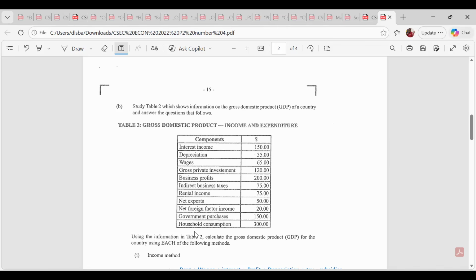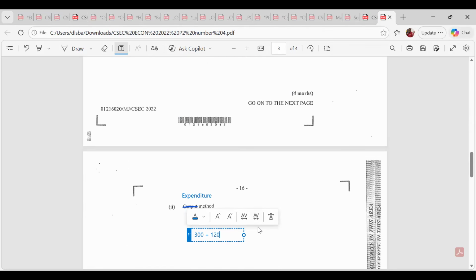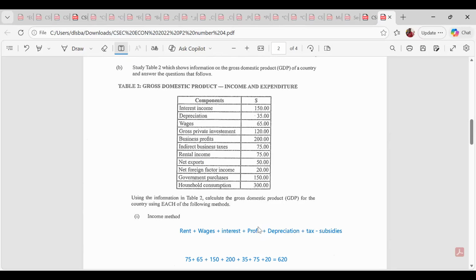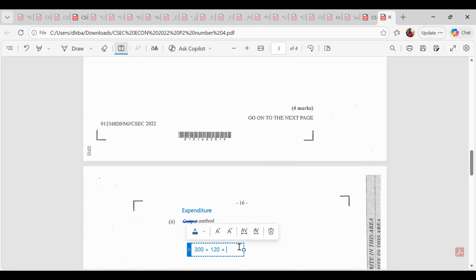Now we're looking for investment. Gross private investment, 120. Now we're looking for government spending. 150.